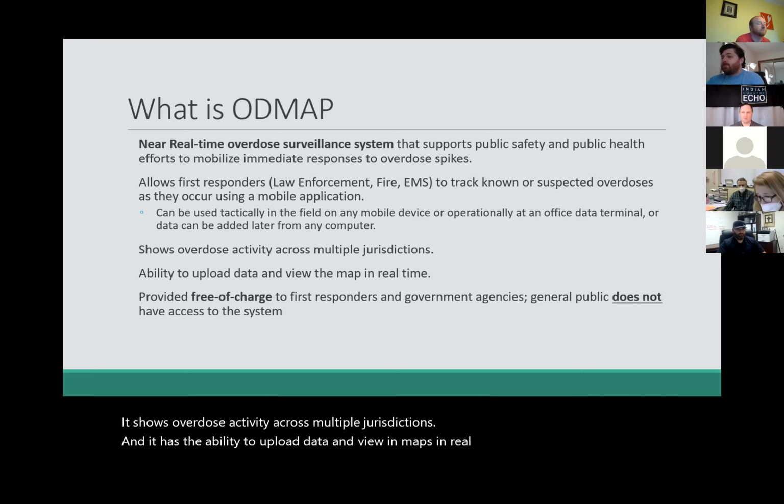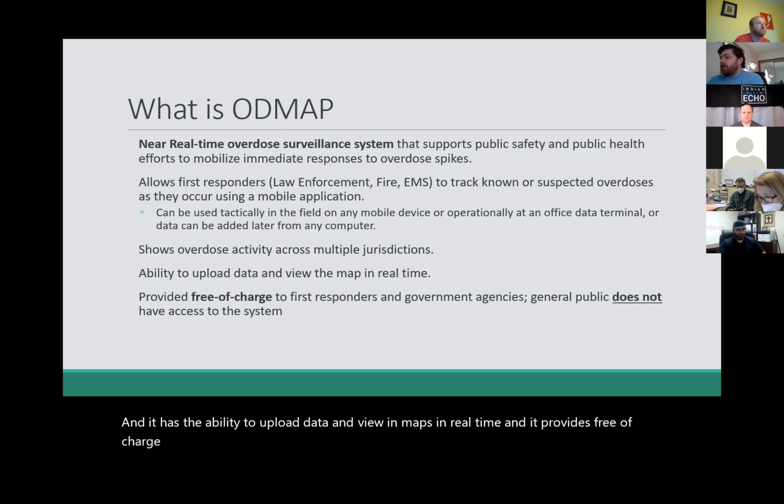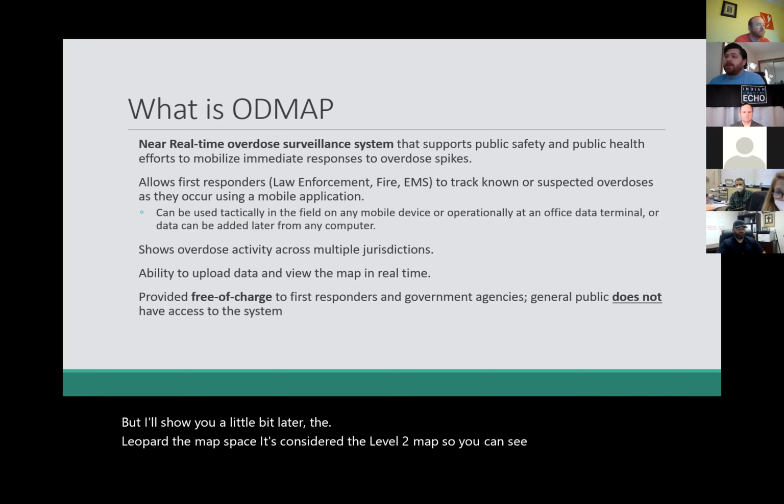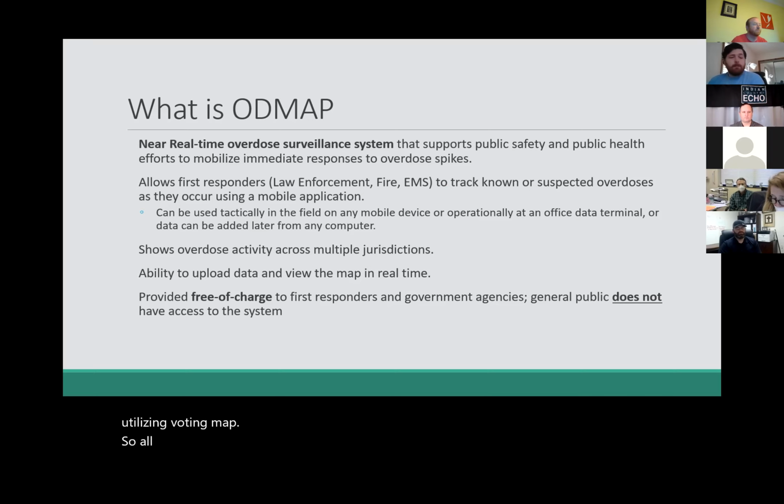It is provided free of charge to first responders and government agencies. The general public does not have access to this system, but I'll show you a little bit later the map. It's considered the level 2 map, so you can see everyone who's utilizing ODMAP, and all the data that they put in.